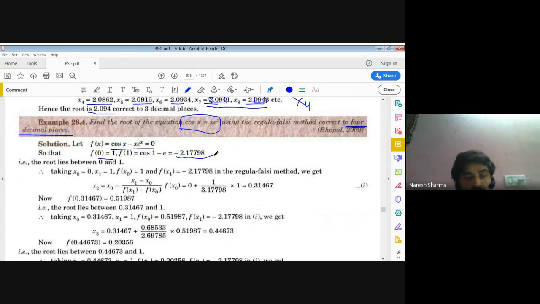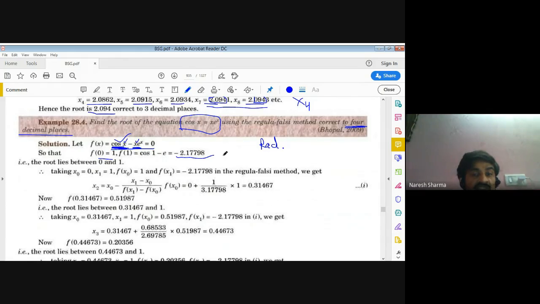Keep in mind, please, once you see a trigonometric function in your equation, kindly set your calculator to radian mode only, not degree, because here x is in radian, and the x in e raised to x is also considered in radian.